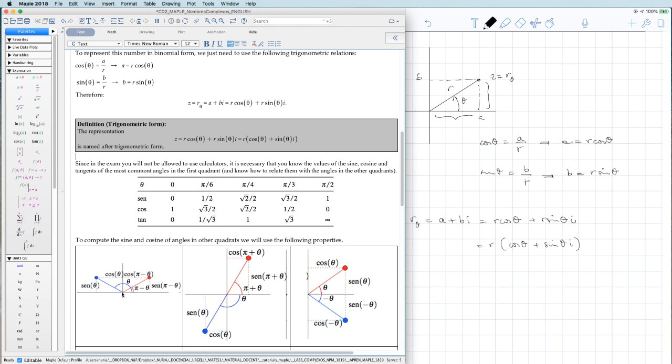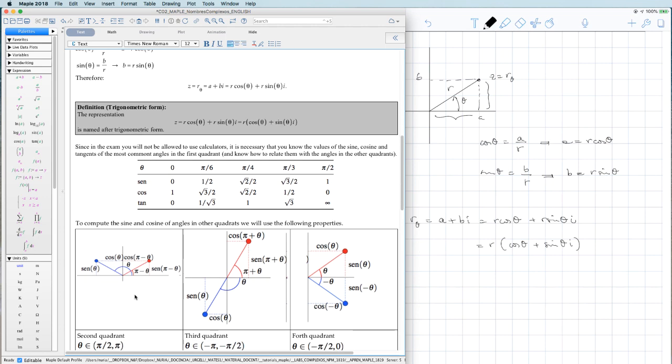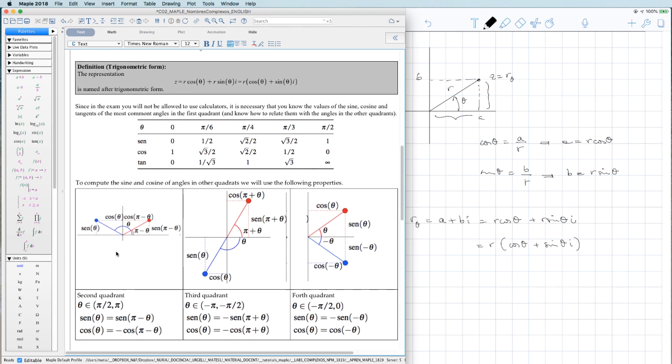This other angle is associated to the first one, and the important thing is that the cosine of both angles is the same and the sine changes sign. So if we have a theta between 90 and 180, we do pi minus this angle. The sine remains the same because this is the same height, and the cosine changes sign.